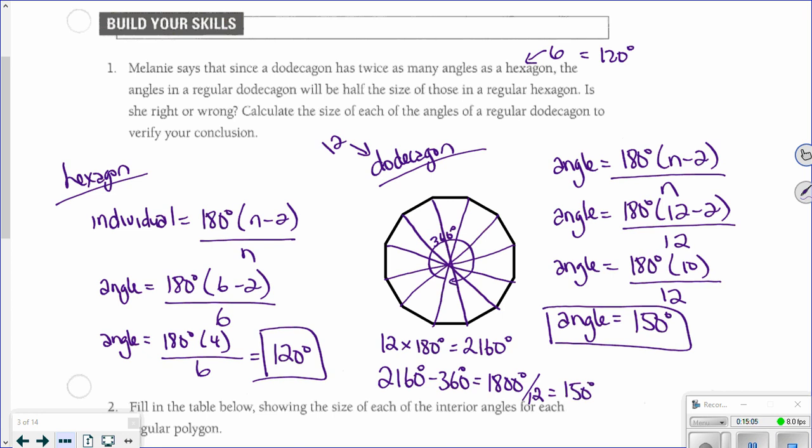That's got to be 60 degrees. It's not how it works. In fact, we're getting a bigger angle, not a smaller angle. So the more sides you have, the bigger the interior angles are going to be. So in this case, Melanie was not right.